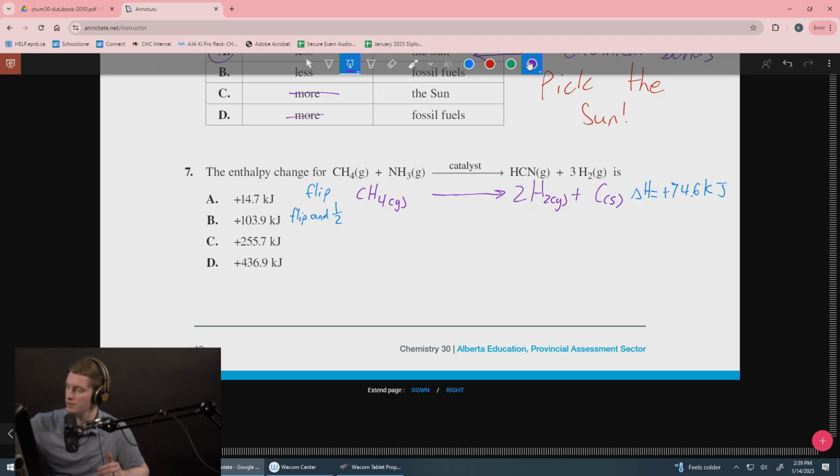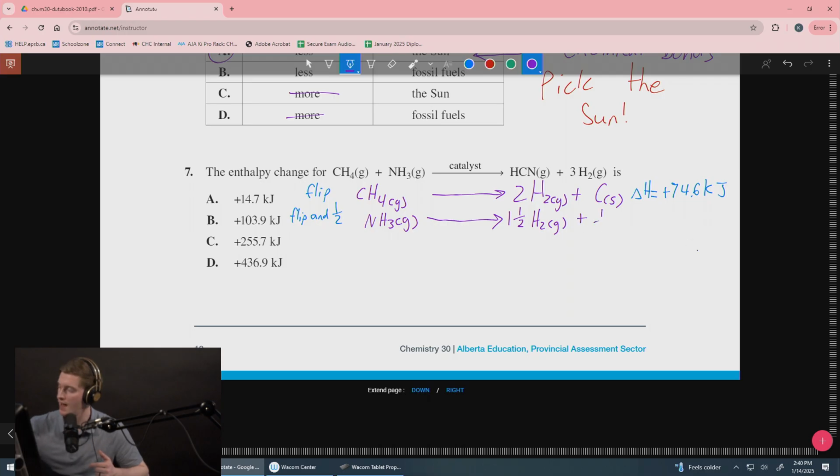Now this reaction, by flipping it and halving it, I end up with ammonia on my reactant side, which is what I want. Now, I had 3 moles of hydrogen gas on the other side of this reaction, but because I halved it, now I'm going to have 1 1/2 moles of hydrogen gas. You could write 3/2, that's fine.